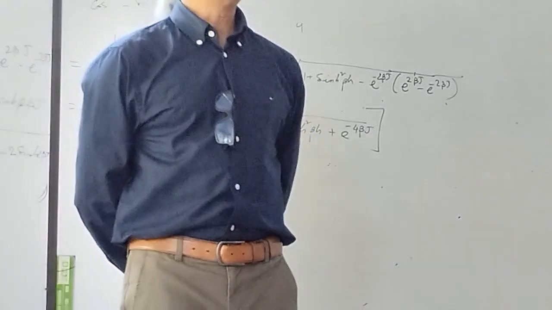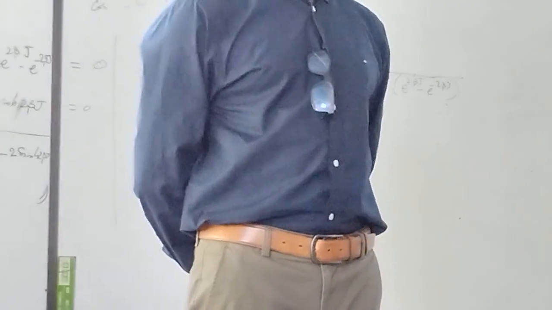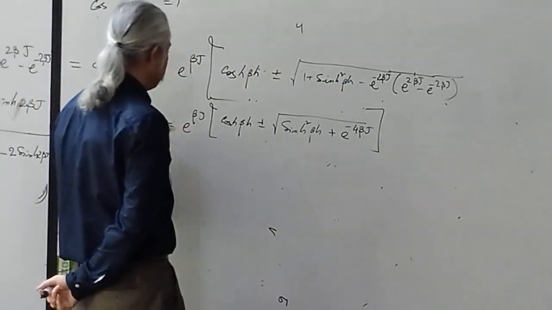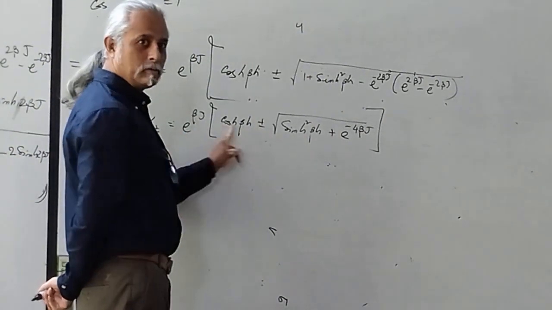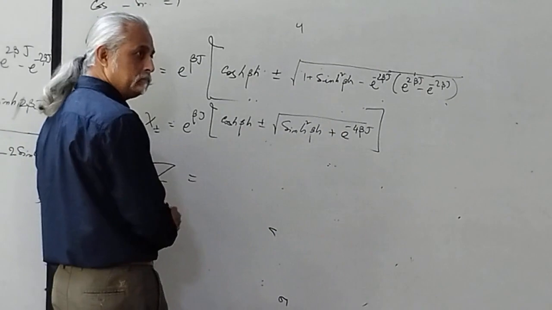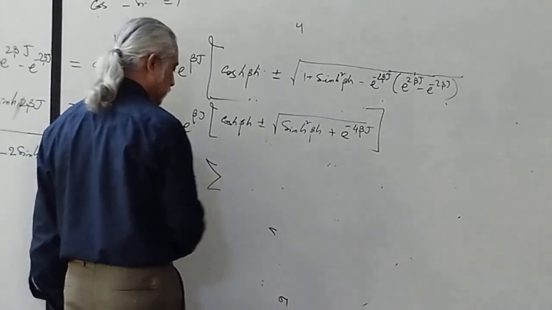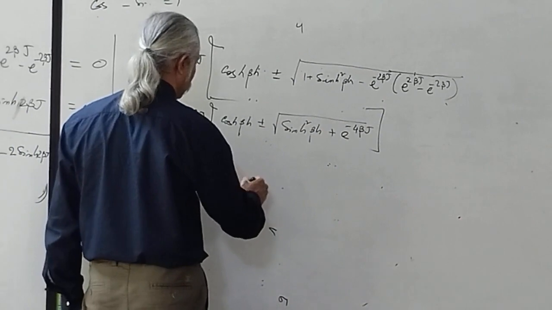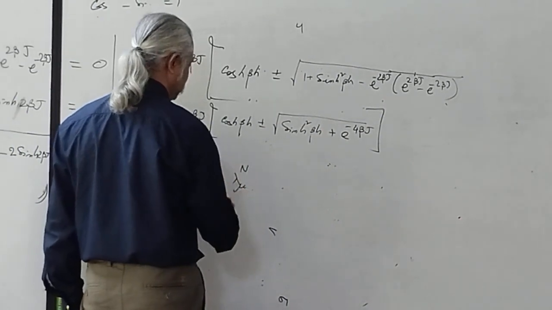This is my desired expression that I was looking for. So I have 2 roots, 1 corresponds to plus and 1 to minus, and z equal to sum over lambda mu to the power n over mu.